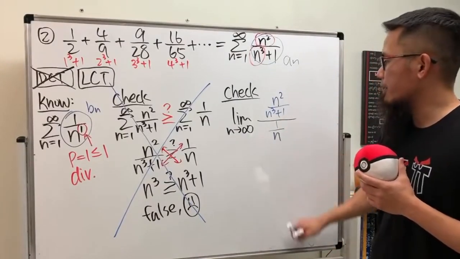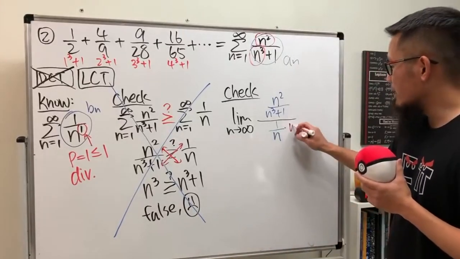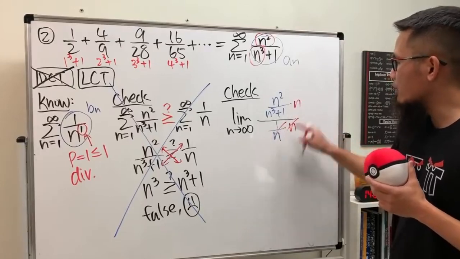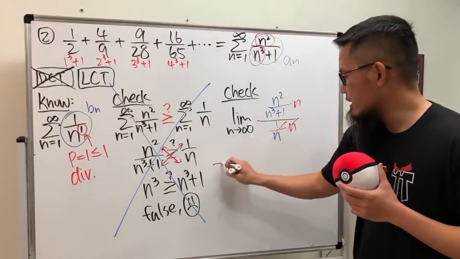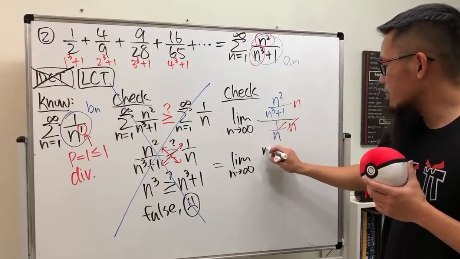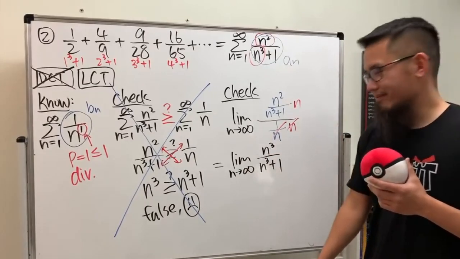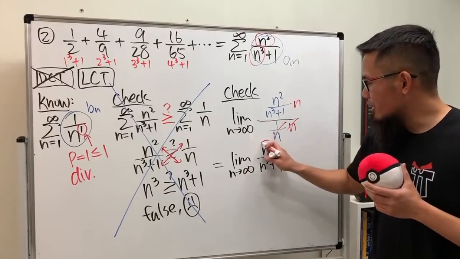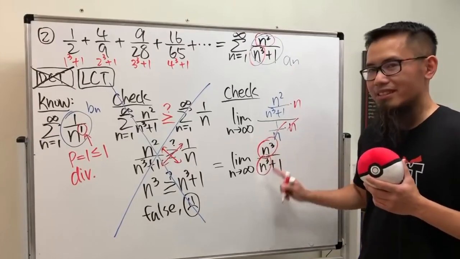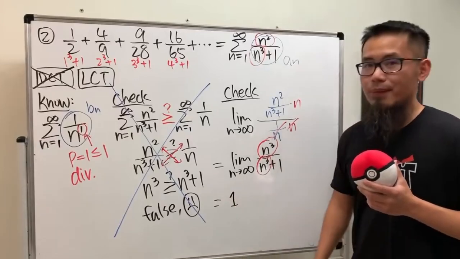Let's multiply the bottom and the top by n, so this and that cancel. This is just the limit as n goes to infinity of n to the third power over n to the third power plus 1. As n goes to infinity, we just care about this and that, so this over that is just 1. So the answer is equal to 1.